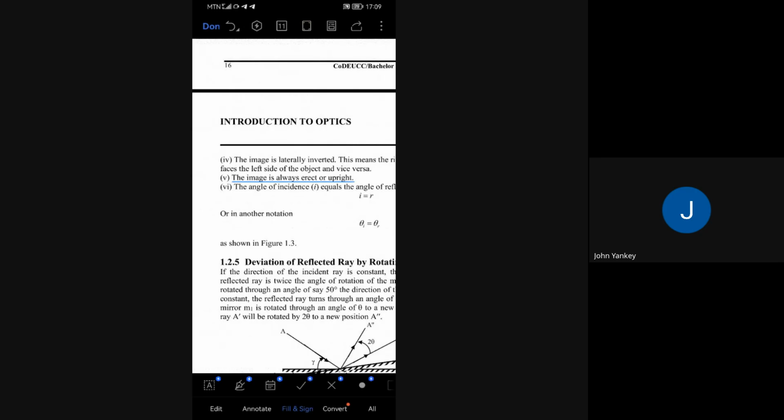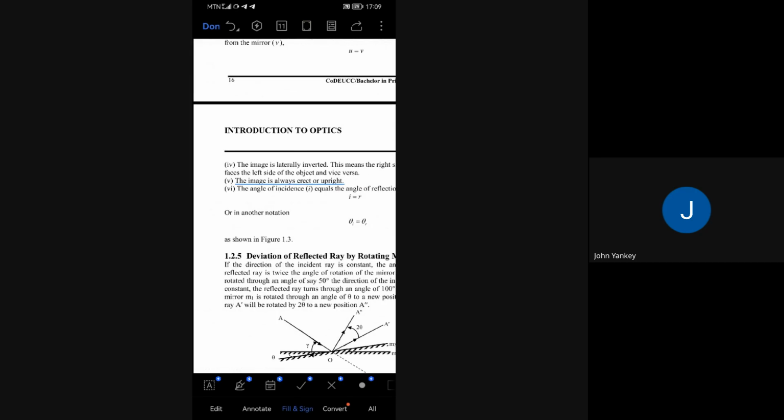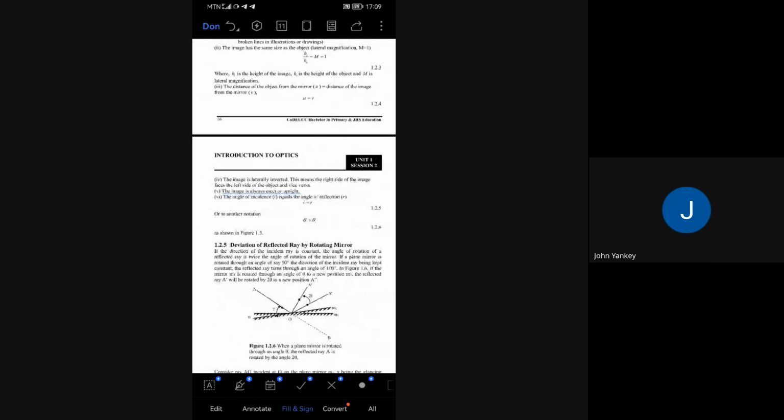So we say the image is upright or erect. This is property number one.